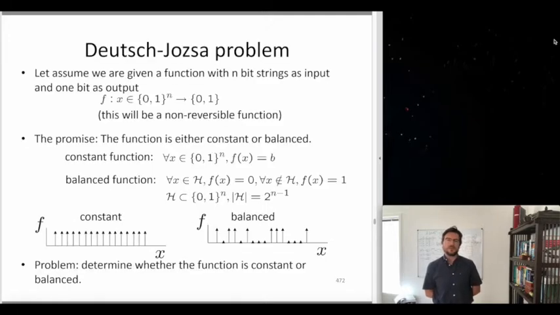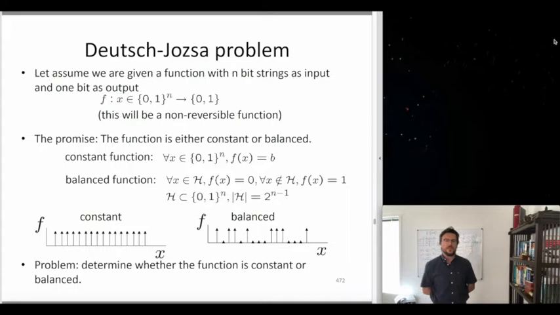What we want to do is determine whether a function is constant or balanced. Again, our oracle implements a specific function, but this time we don't want to find out to which set our function belongs, like in the original Deutsch algorithm.